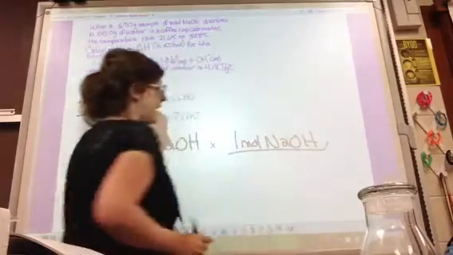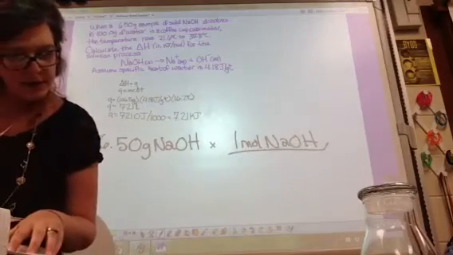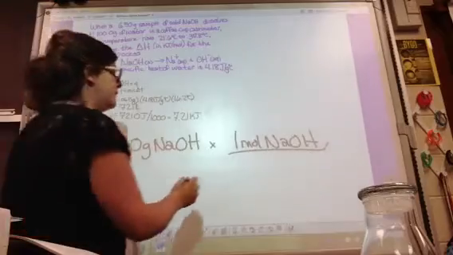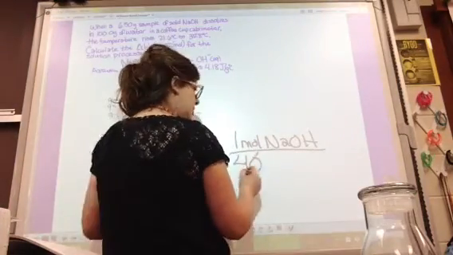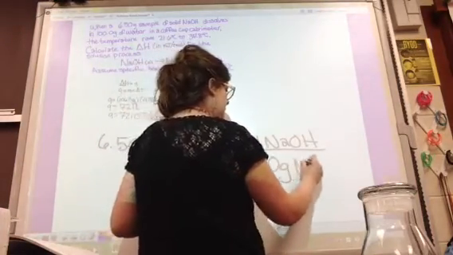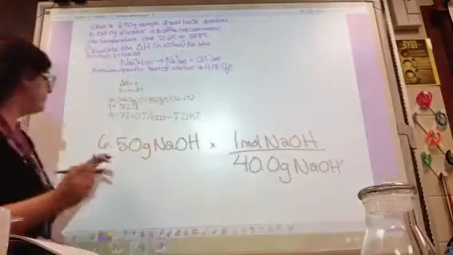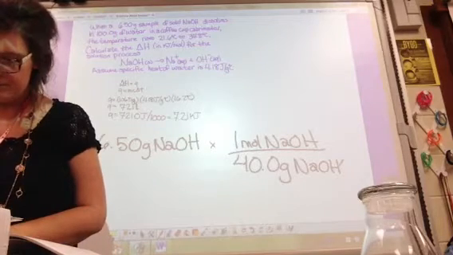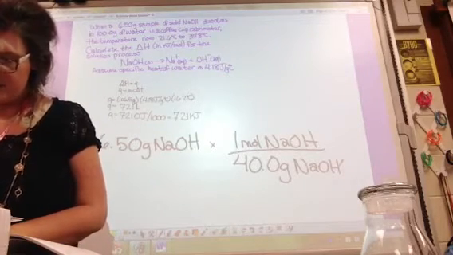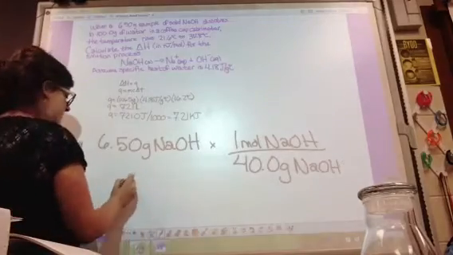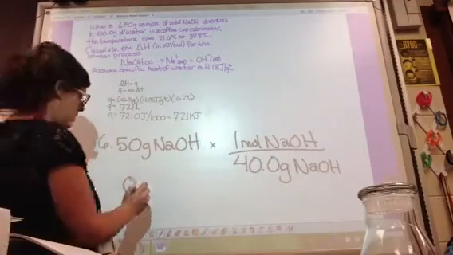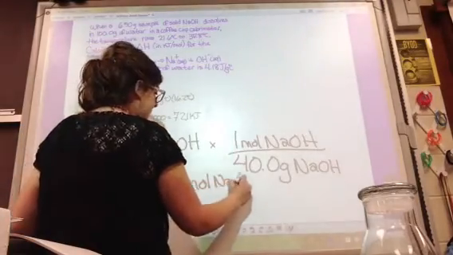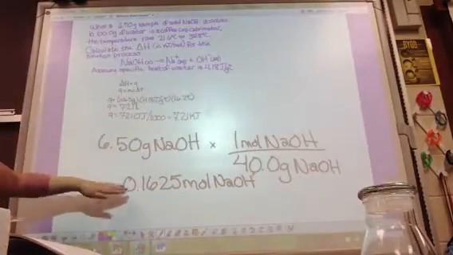The molecular mass would be 23, 1, 16, which is 40.0 grams of NaOH. So if I take my 6.5 and divide it by 40, that's going to give us 0.1625 moles of sodium hydroxide. Okay, so I have my moles.